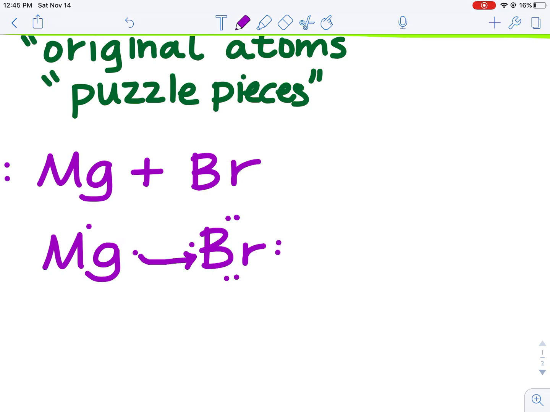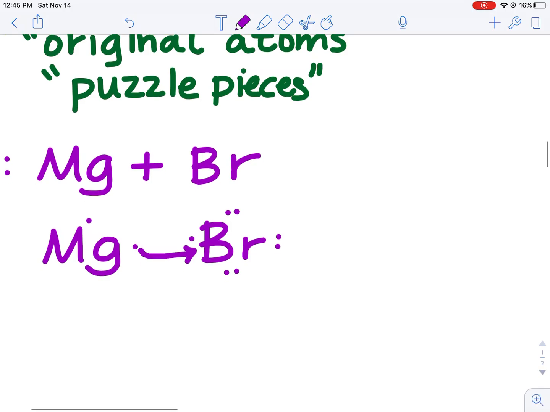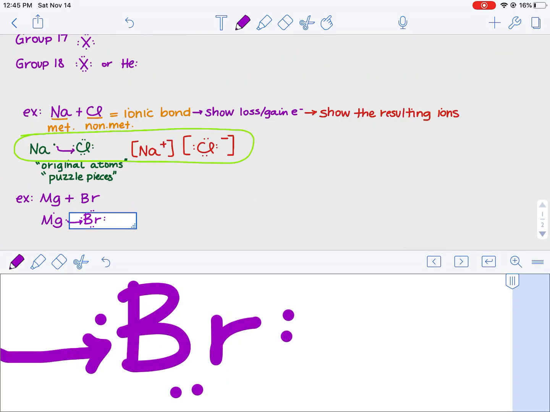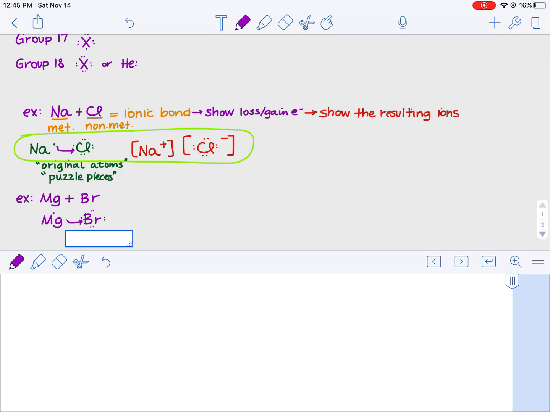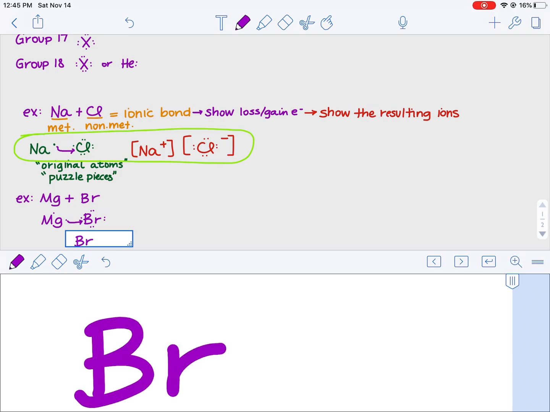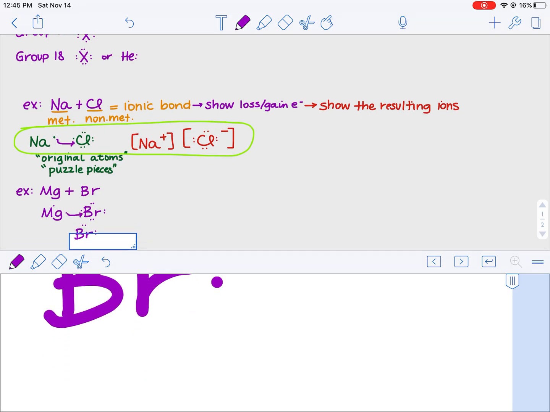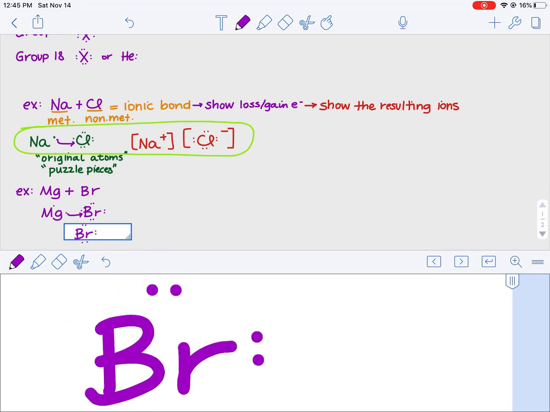Well, given the atoms that we have, the only way that we can make the magnesium stable would be to add another puzzle piece or another atom that can gain that second electron from magnesium. In other words, I need another nonmetallic atom to gain. And I can't just pick a random one because I'm telling you that this compound is made up of magnesium and bromine atoms.